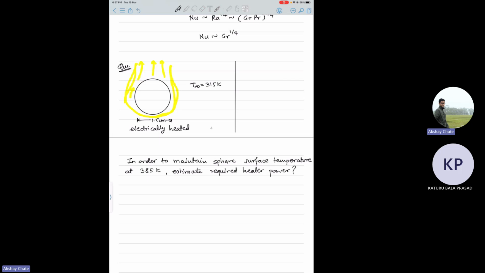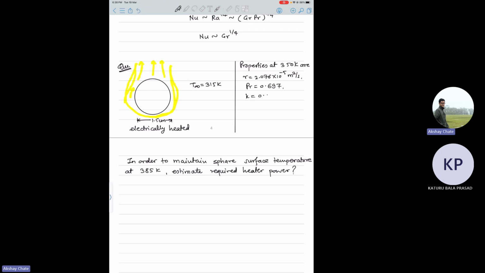Properties at 350 Kelvin are given in the question. I'm just writing it down. The kinematic viscosity of the fluid is 2.076 into 10 to the power minus 5 meters square per second. Prandtl number is given as 0.697, so this is air basically.